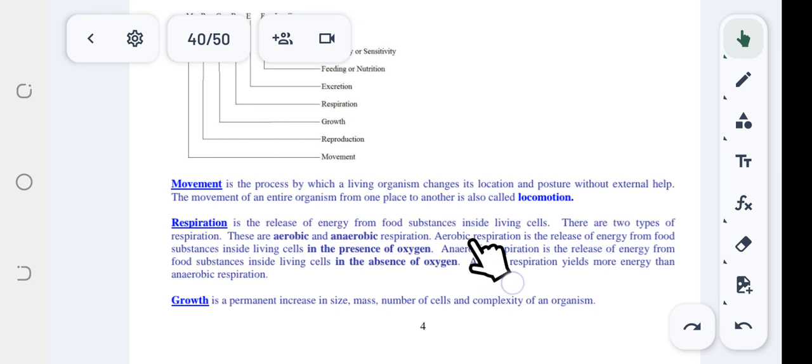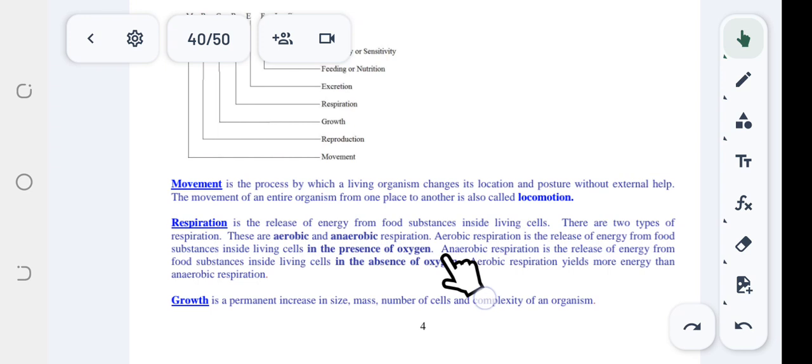Aerobic respiration is the release of energy from food substances inside living organisms in the presence of oxygen.